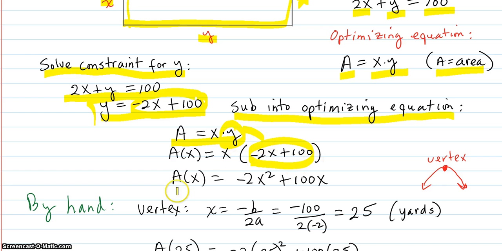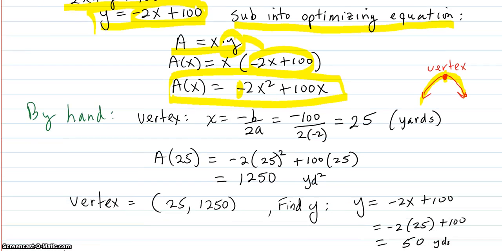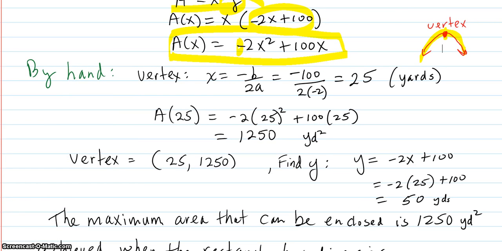Then you multiply it out and you get your optimizing function, which is, because of this negative sign, a parabola opening down, which means its vertex will be the maximum. So doing it by hand, get the vertex formula, plug in the B and the A, and you work that out.